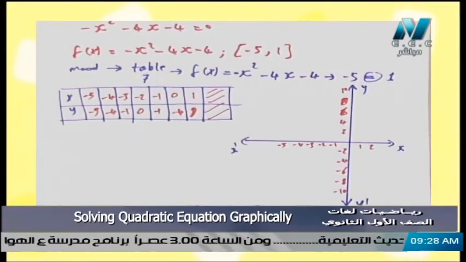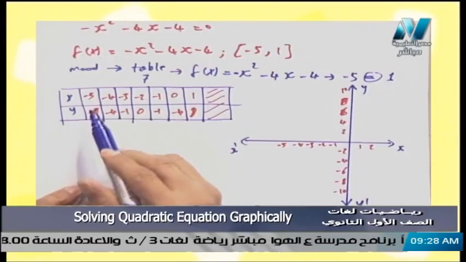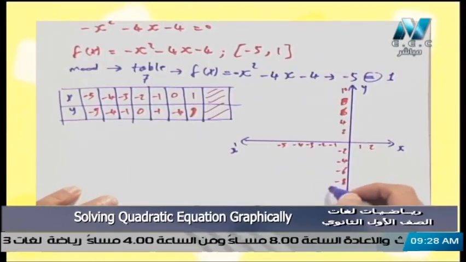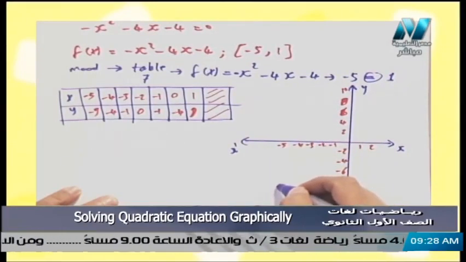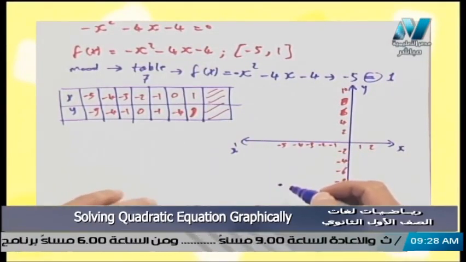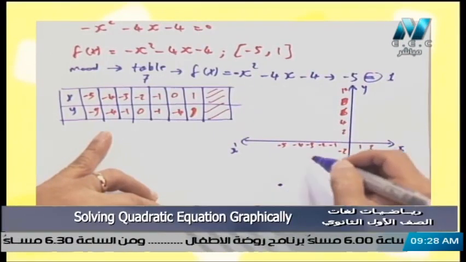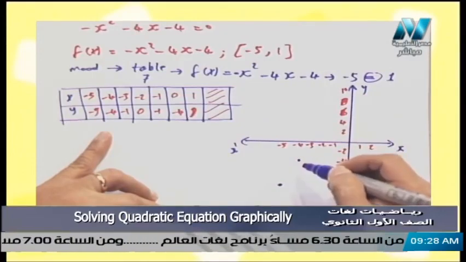Okay, and we will find out the points negative 5 and negative 9 here, negative 5 here, and negative 9 here, like that. Negative 4 and negative 4 here, negative 4 and negative 4 will be here.